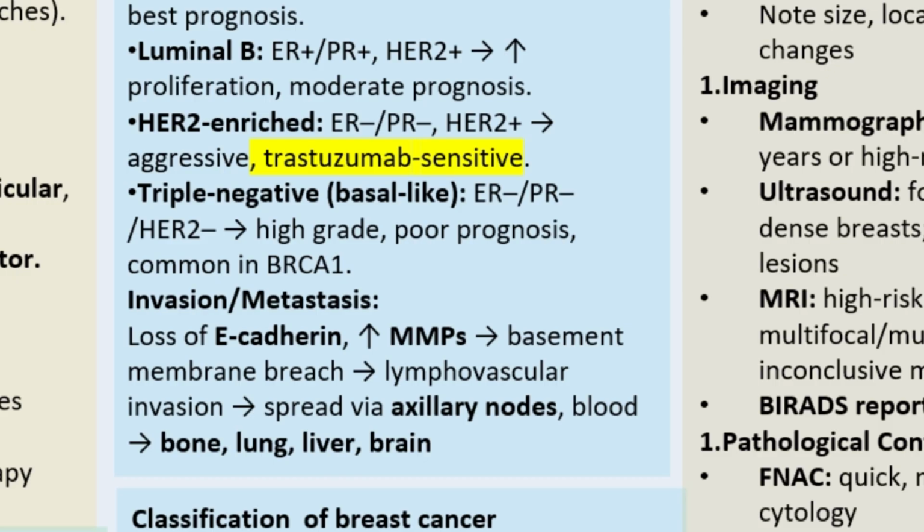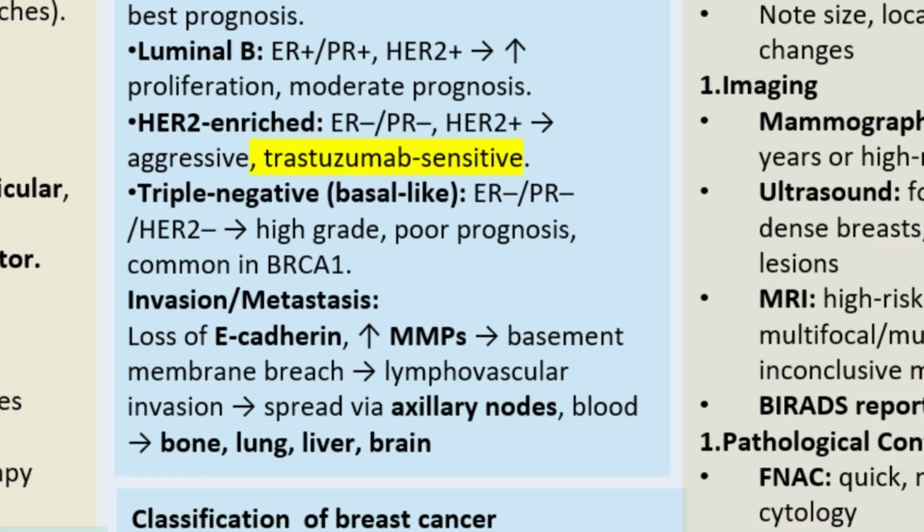When they lose E-cadherin, the thing that causes adhesion of them together, they're free to roam. So they start to spread. When they start to spread, they're going to produce the matrix metalloproteinases, the MMPs.